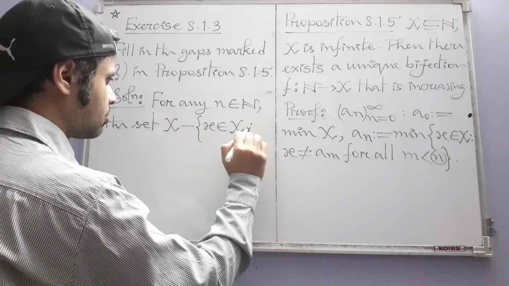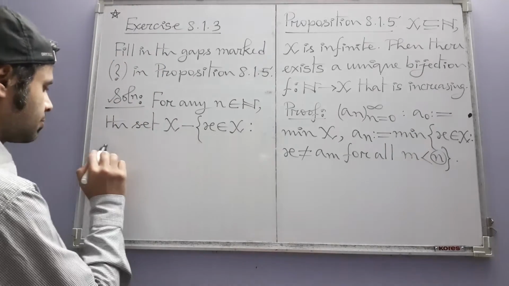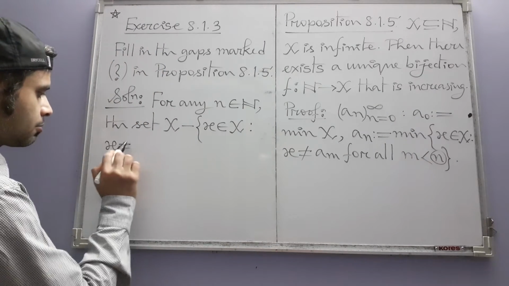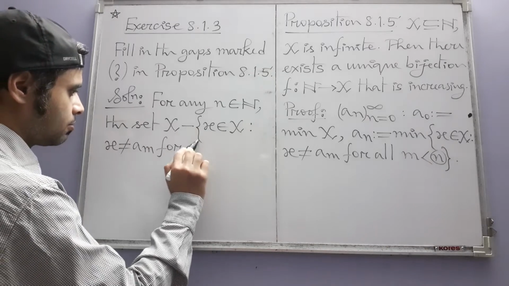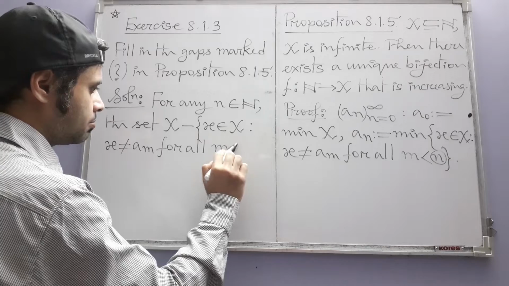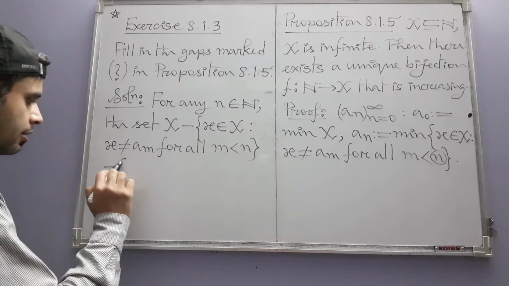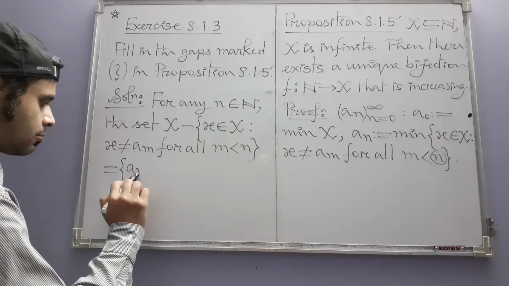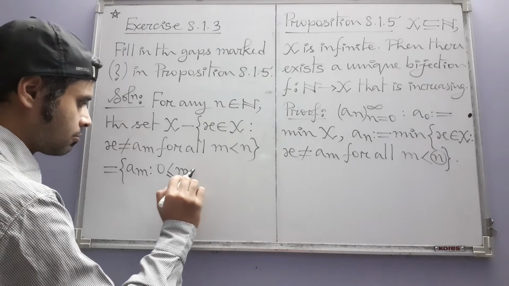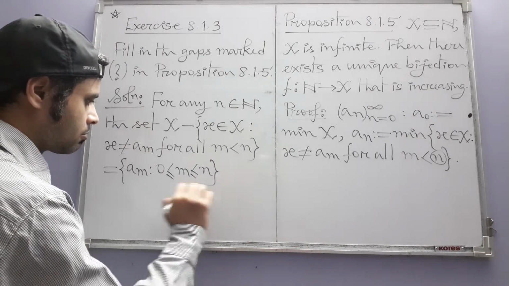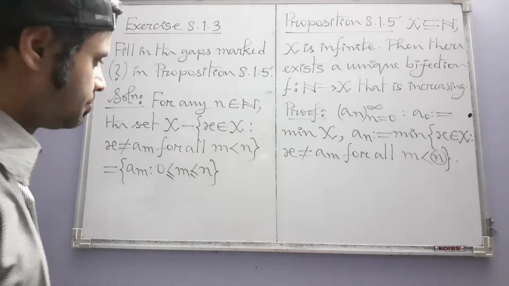That means we are considering the complement of this set in X, for all m less than n, is clearly this set. And this set is finite.